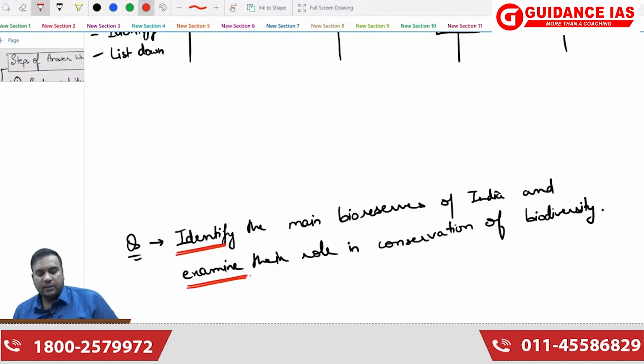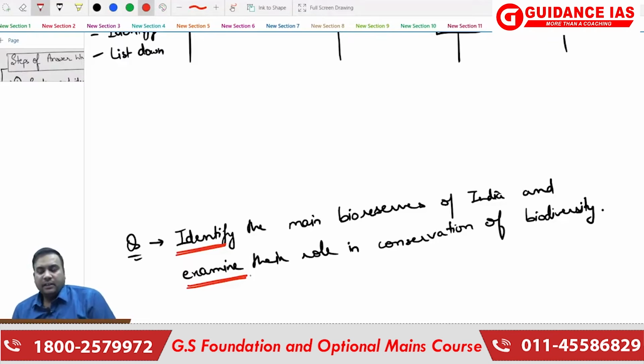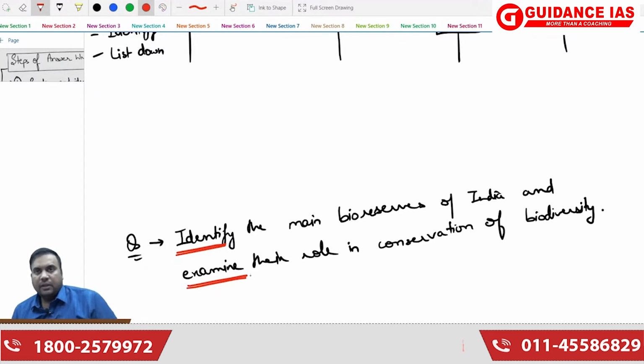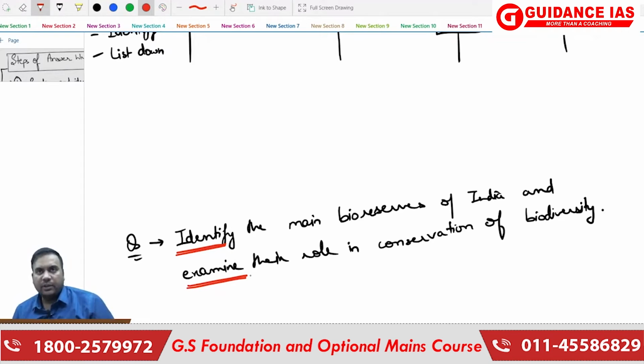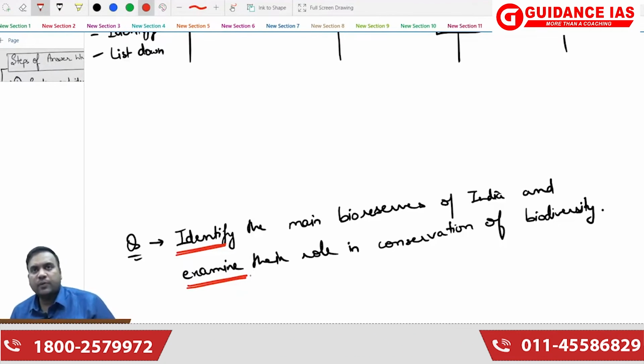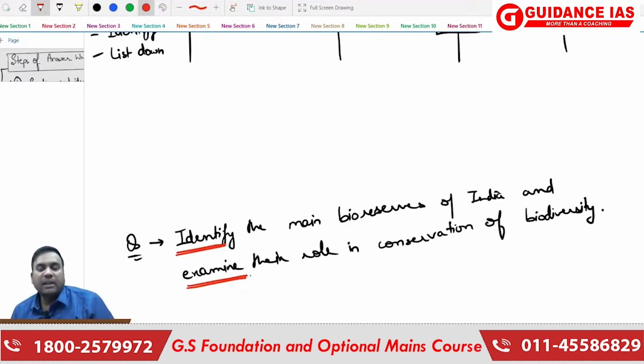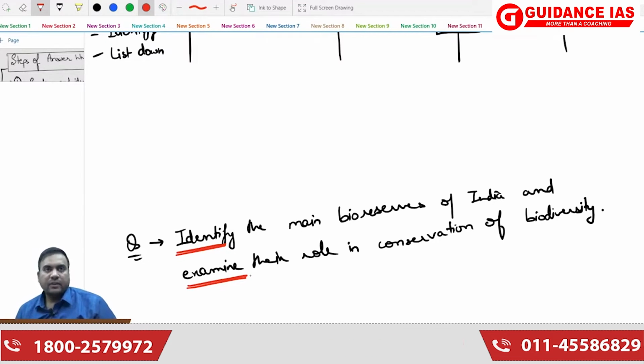In geography, because this question is asked in geography, one very easy way of identification could have been drawing a map of India and pointing out those locations of biosphere reserves. That could have been the best way of identifying.